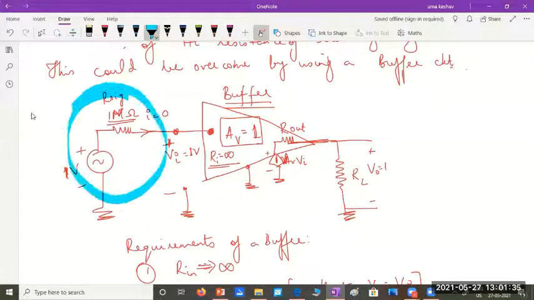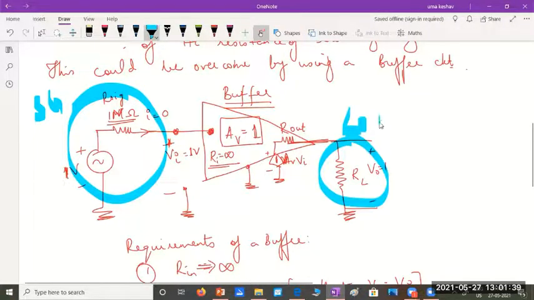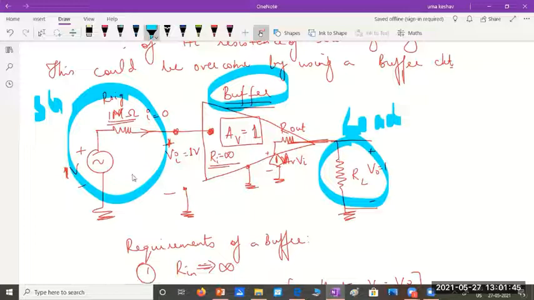So this is your signal generator and this is your load. So you include one buffer circuit between your signal generator and load so that you will be able to match and give the same amount of input voltage to appear across the load. Hope you understood what is a buffer.